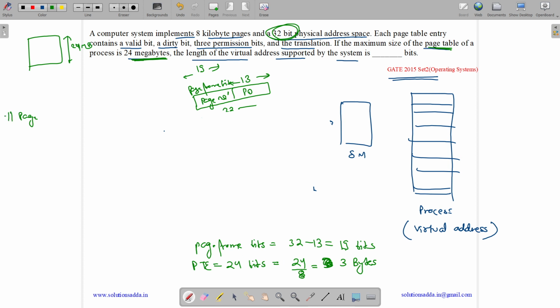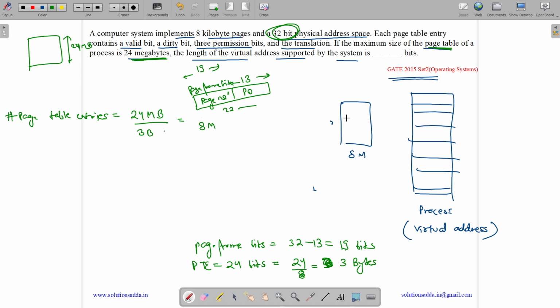So the number of page table entries is equal to the page table size, 24 megabyte, divided by the entry size, 3 bytes. So we have 8 million entries in the page table.